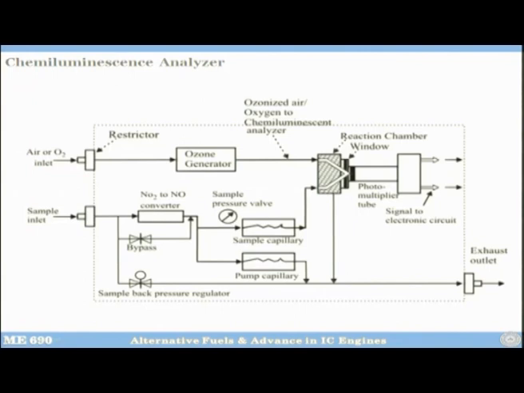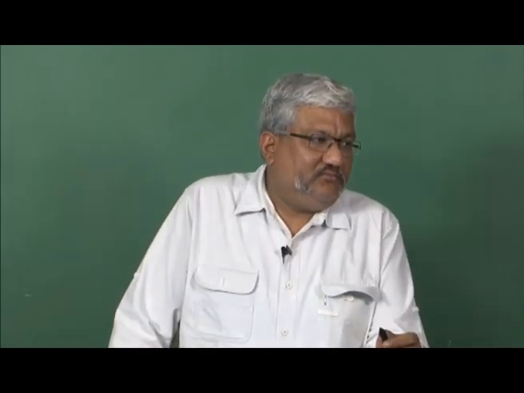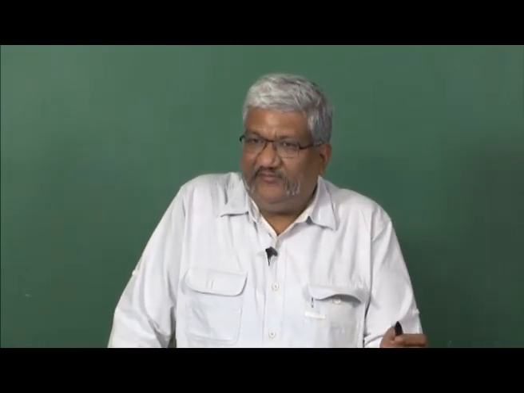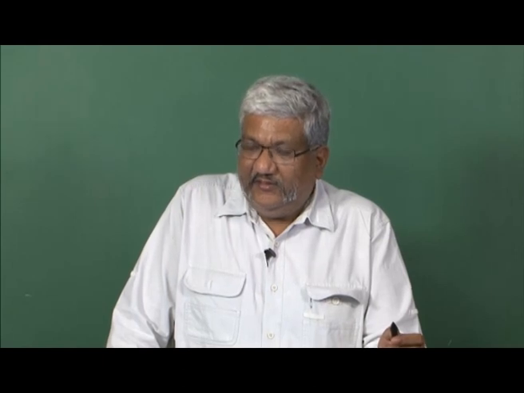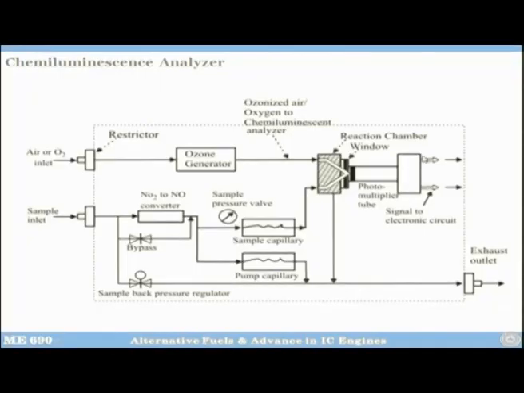Photomultiplier tube is a device which basically converts the light signal to voltage signal, it is a transducer, right. So, this will generate some voltage and that voltage obviously will go to some electronics processing unit and it will give you some ppm of NOx.